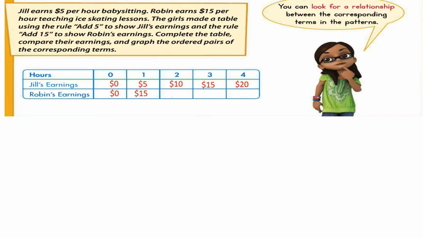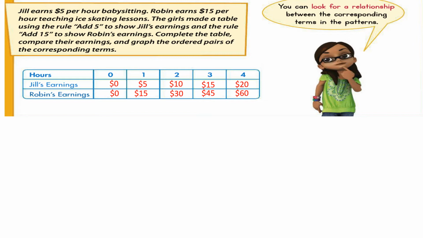So I'm going to add 15 more to 15 to be $30 after 2 hours. So she has earned $30 after 2 hours. After 3 hours, I'm going to add another 15 to be $45. And after 4 hours, I'm going to add another 15 to be $60 exactly. So here I have completed the tables easily because I knew the rules for both of them.